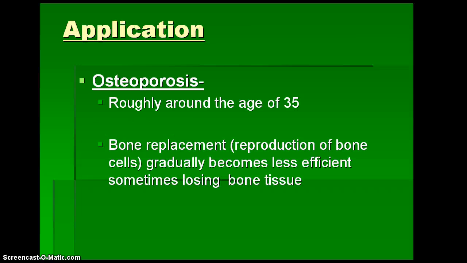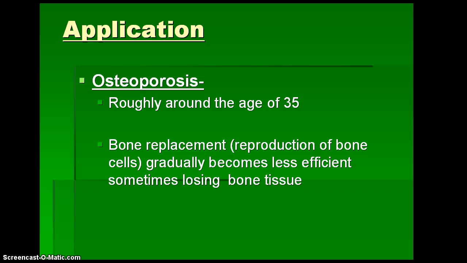Applying this knowledge of the skeletal system, we can discuss the topic of osteoporosis. I'm sure a lot of you have heard of this, but maybe don't know exactly what it does. It usually happens around the age of 35, and it's when the reproduction of bone cells or bone replacement becomes gradually less efficient, sometimes to the point where you lose bone tissue.